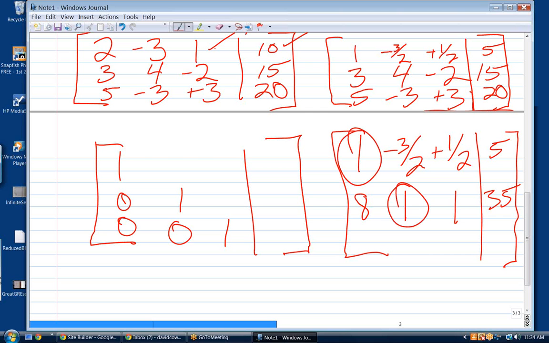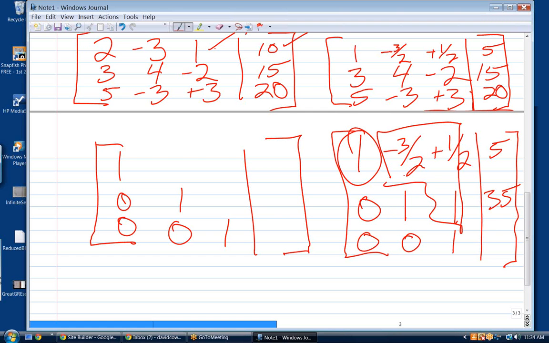I keep whittling this thing down, figuring out creative ways of adding, subtracting these rows, switching them around, until I produce 1, 1, 1, 0, 0, 0. I do not care what is in these three spots right here. As long as I get 1, 1, 1, zeros to the left and beneath, I have a solution for Z.